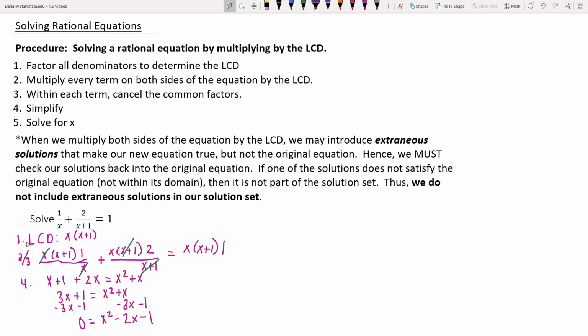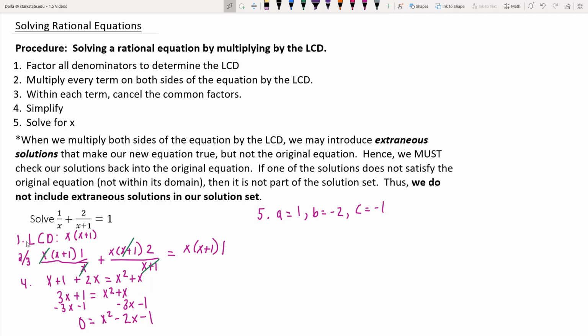So instead, in order to do our step 5, which involves solving for x, what we need to do is just use the quadratic formula. And so we know our a coefficient is 1, our b coefficient is -2, and our c coefficient is -1 in our quadratic.